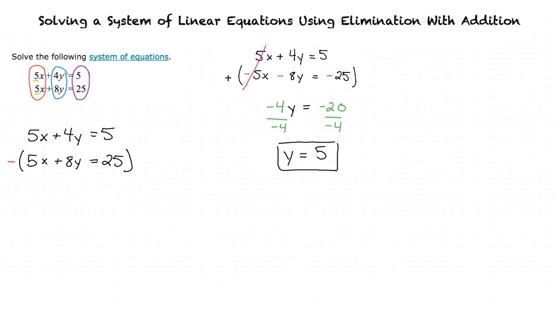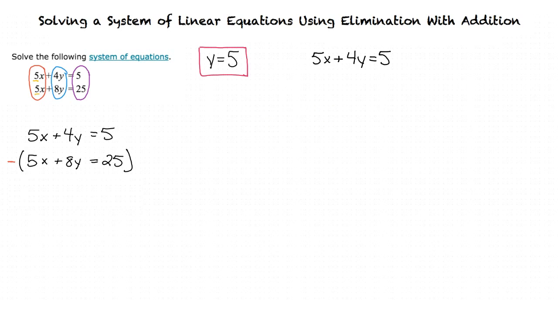Now we can solve for x by substituting y is equal to 5 into one of the initial equations given in the original problem. Let's use the equation 5x plus 4y is equal to 5. We're going to start off by substituting 5 in for y. 4 multiplied by 5 is equal to 20.